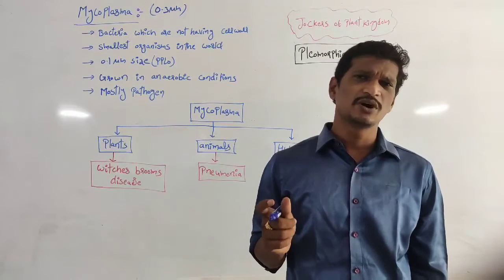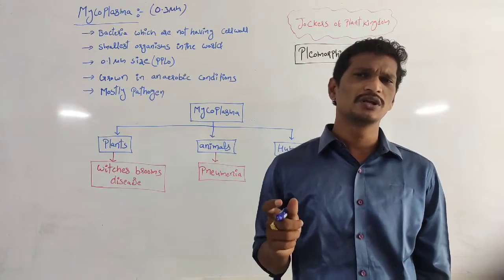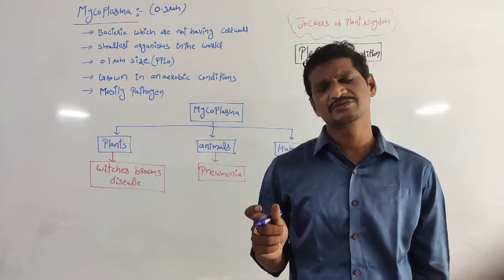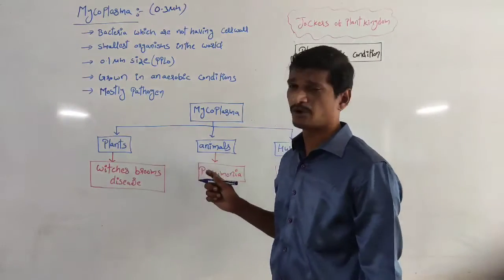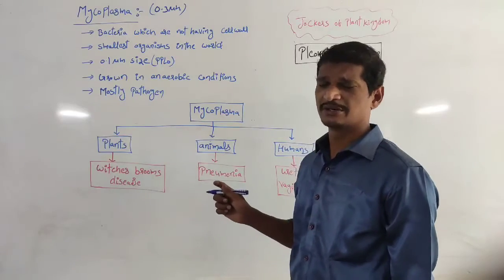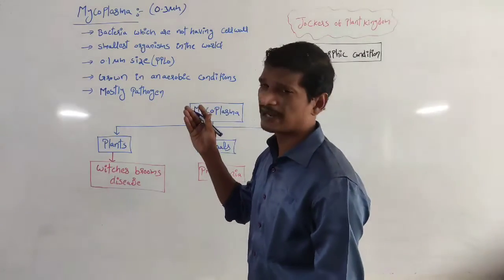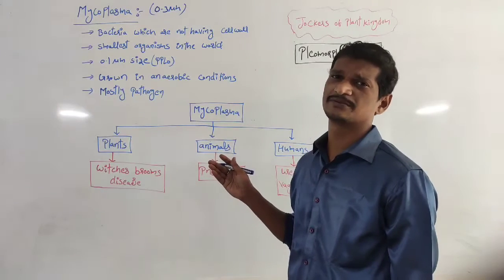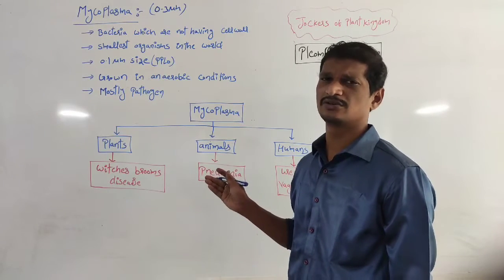Because PPLO, pleuropneumonia-like organisms, are 0.1 micrometer in size. Remember, mycoplasma bacteria are 0.3 micrometers, no doubt.